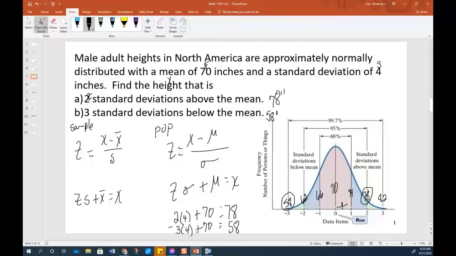They're both going to work, but it would probably be easiest to rely on the formula if they don't give you a nice whole number. Like if they said 2.25 standard deviations above the mean, well, then it's probably easier to use the formula. So make yourself a note then in words or in symbols that the z-score, or the number of standard deviations times the size of the standard deviation plus the mean, gives you a particular value.